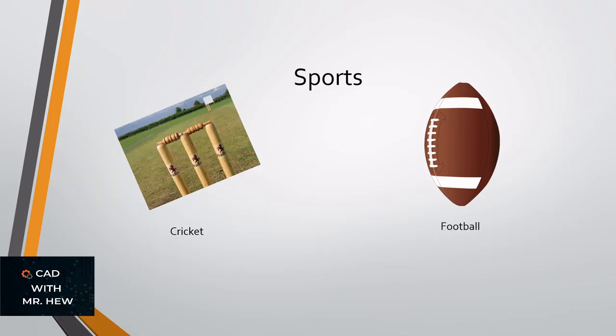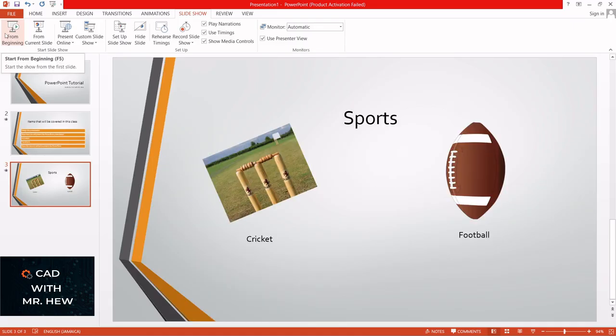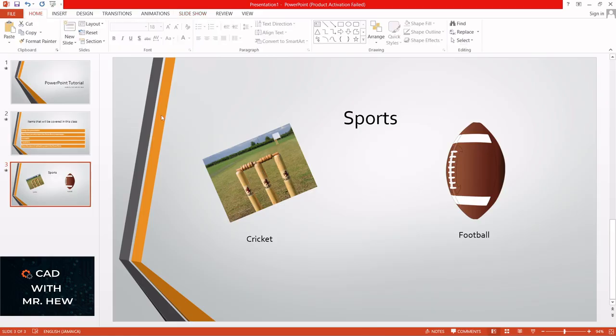To exit the slideshow view, you press escape on the keyboard, and this is how you would make a PowerPoint presentation. If you want to see what the home tab would look like, you would click here, right?